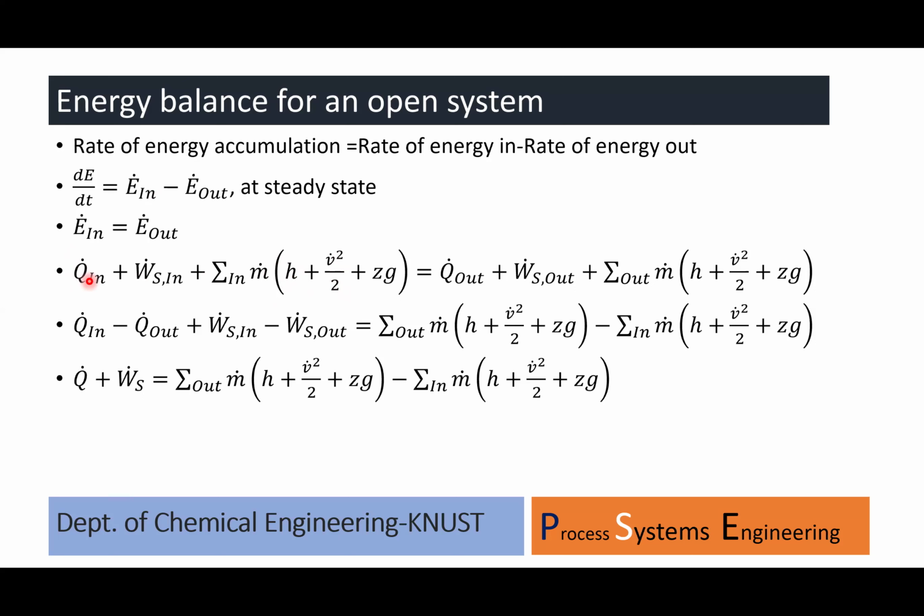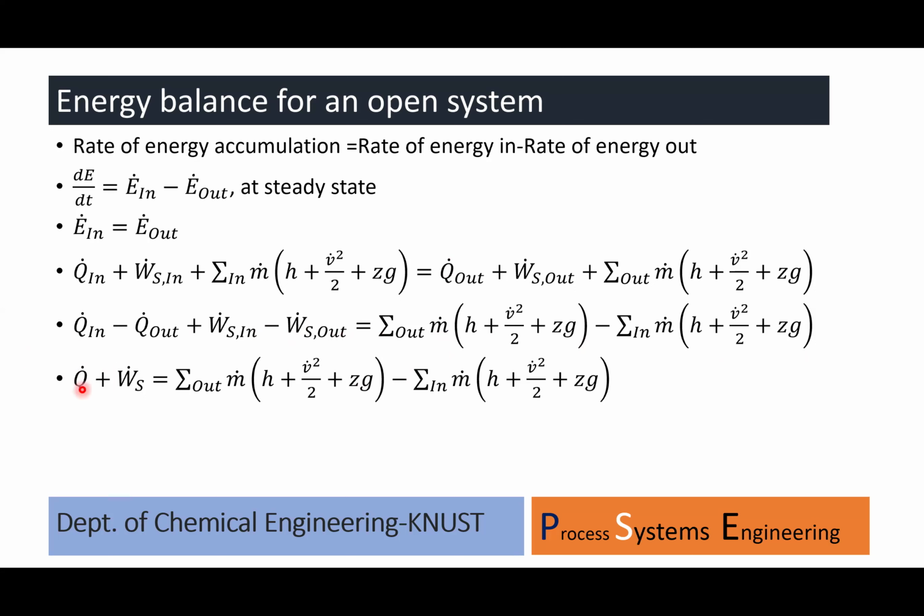So now we can group the terms. So I can take everything that is heat to one side, everything that is work to one side, and I can send all the enthalpy and kinetic energy and potential energy to the other side as well. So when I do that, I'll end up with this expression here, the last but one expression here. Then I can simplify it even further.